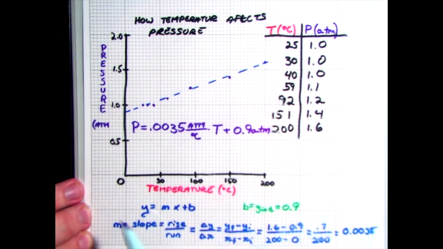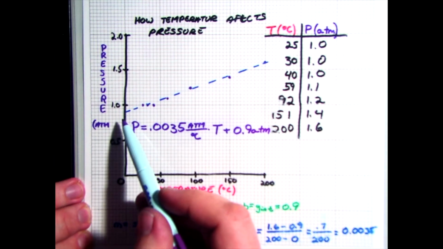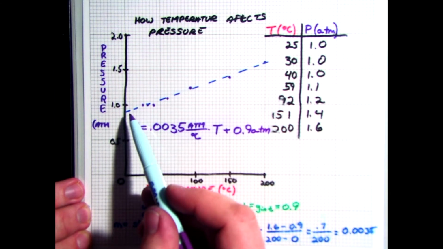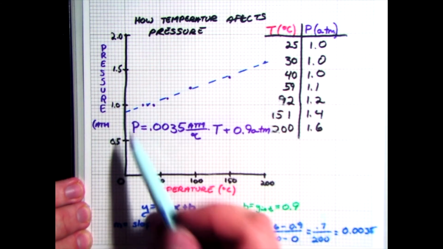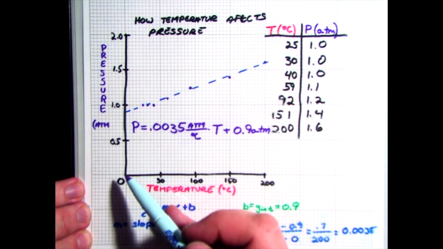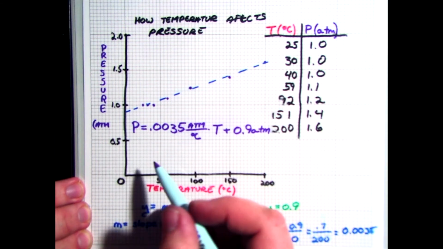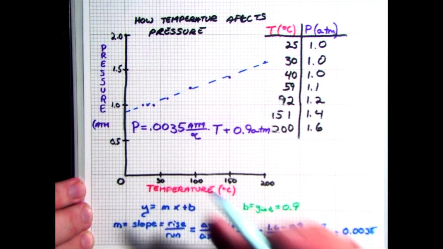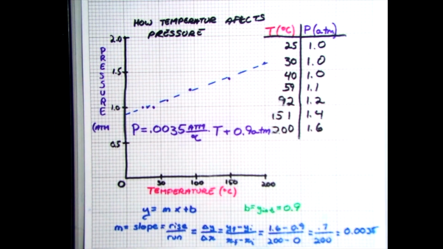The only thing that would be even better is if instead we had a direct relationship, one where we didn't have a y-intercept, or one that had a y-intercept equal to 0. And the way that we could do this is invent a unit of temperature that had 0 where volume equaled 0, and that is what we call the Kelvin.